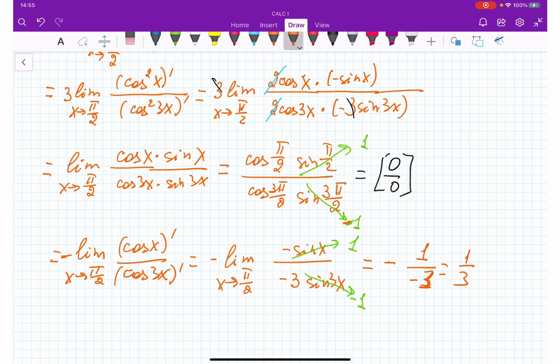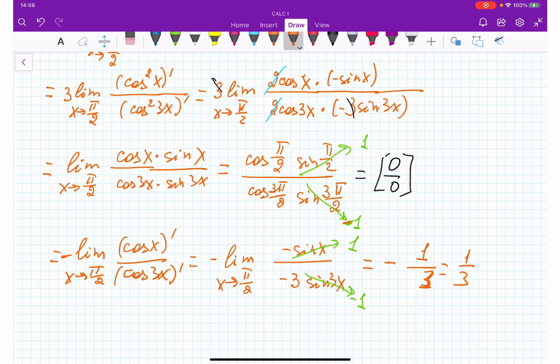We don't have any other mistakes here. Let me double check to make sure of these negatives. So these negatives come here. Let me make it clear.